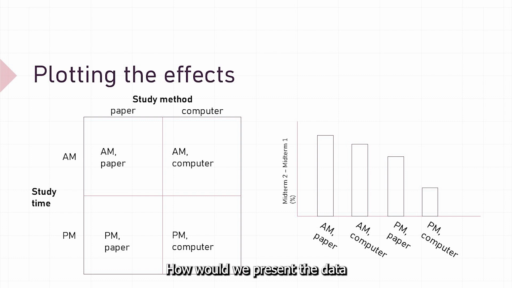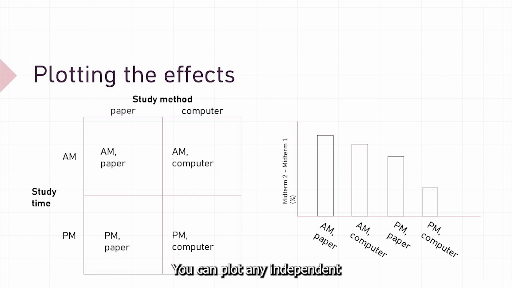How would we present the data of our experiment? Usually, the results of a factorial experiment can be plotted by representing one independent variable on the x-axis and another one by using different colored bars.